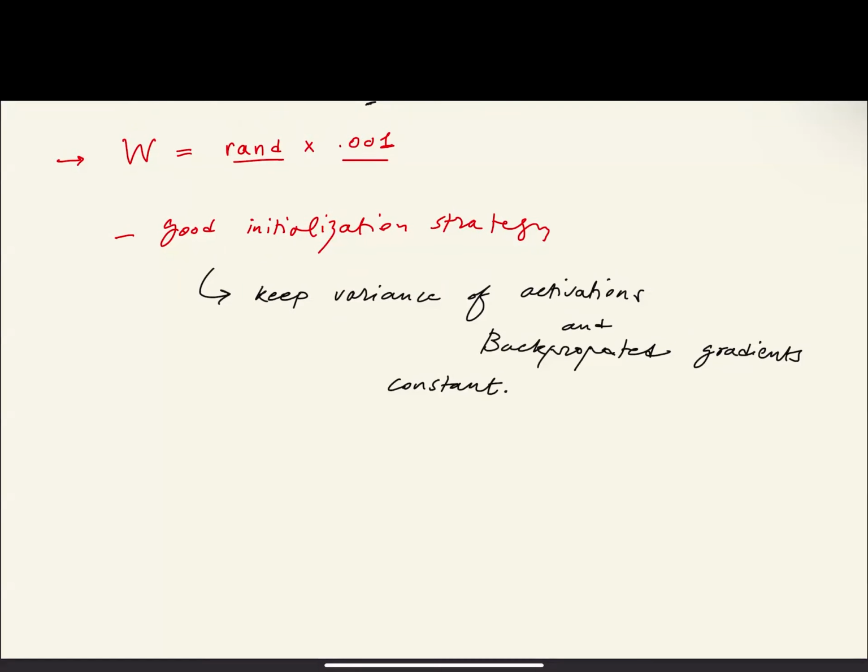To analyze the variance of a single neuron's pre-activation value, or Z, we can basically write it this way. So Z, as you remember, is the sum of all of these inputs x_i weighted by w_i's. At the beginning, we assume these two are independent and identically distributed. It's a reasonable assumption at the beginning because we haven't done anything yet.